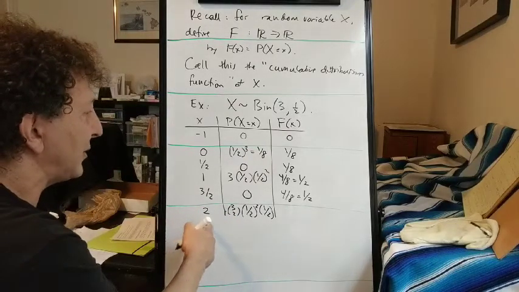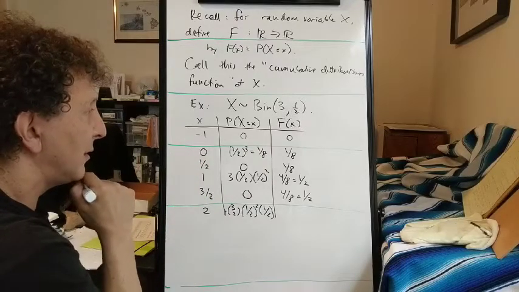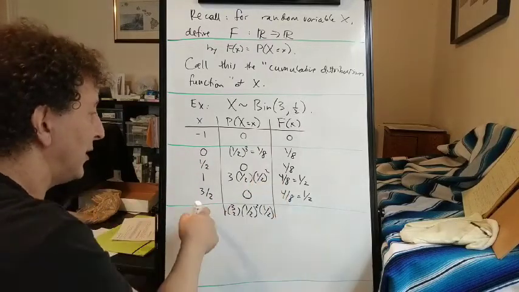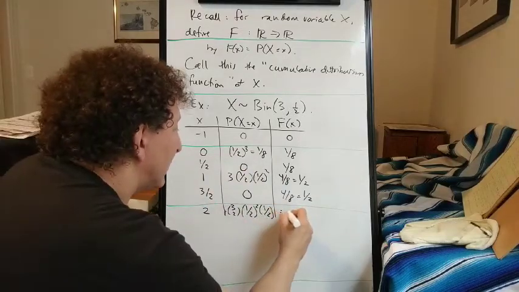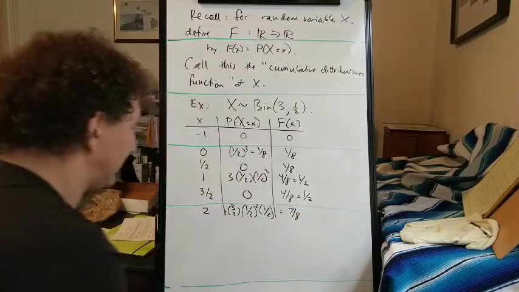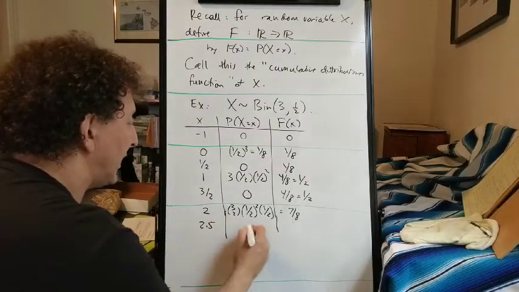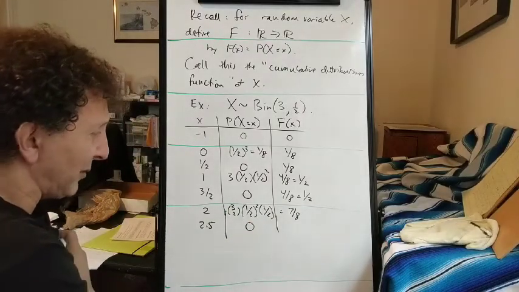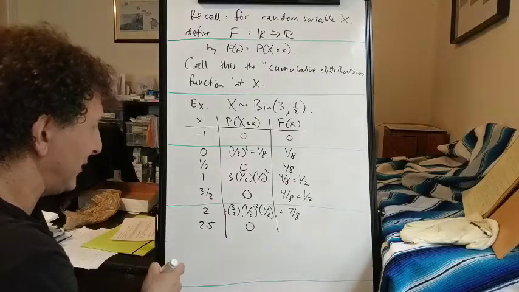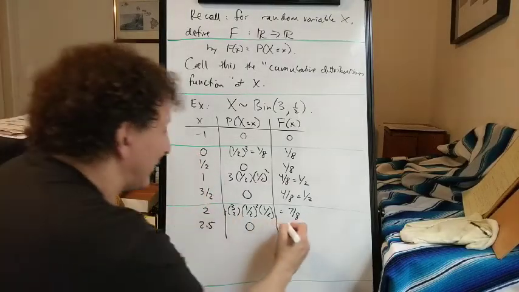So 3/8 plus 3/8 plus 1/8 is 7/8. Again, we can't have exactly 2.5 successes, but the probability that the number of successes is less than or equal to 2.5 is these 3 probabilities, 1/8 plus 3/8 plus 3/8, so that's still 7/8.